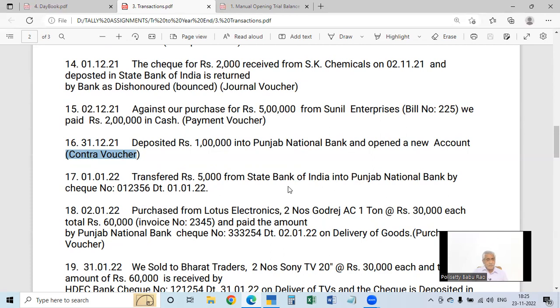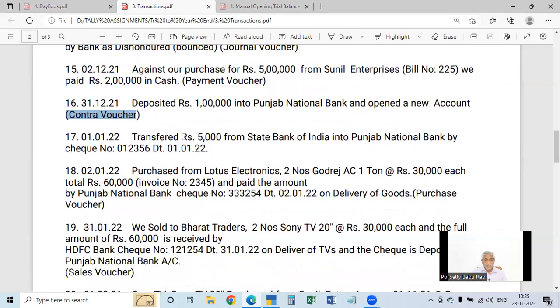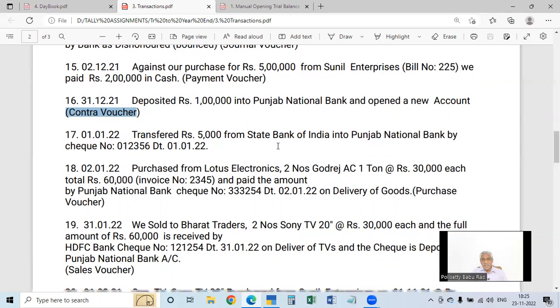Only if we are dealing with other banks outside us do we have to give the bank name. It will ask you. Okay. So this is entered in the contra voucher. Just like depositing into bank, we are transferring from one bank to another. Here both banks: Punjab National Bank debit, State Bank of India credit.